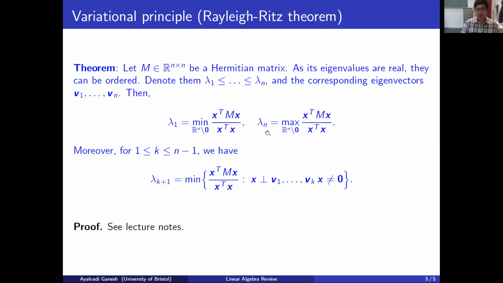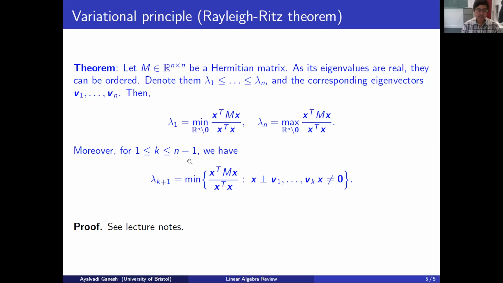Okay, and in fact, it's not only the smallest and the largest that you can characterize in this way, but even the intermediate ones. So for the intermediate ones, say lambda k plus 1, you just take the same ratio and minimize it, but you don't minimize it over all of Rn.